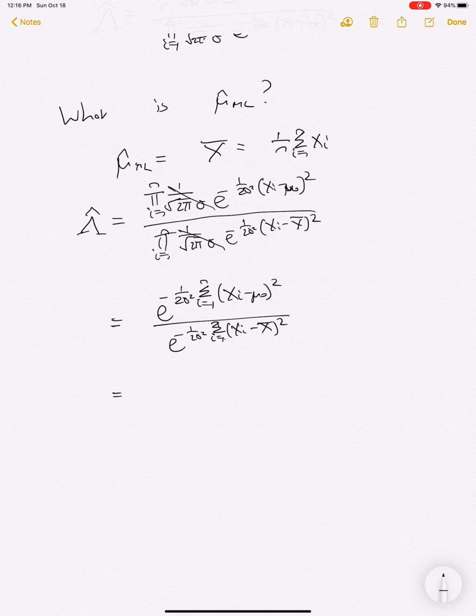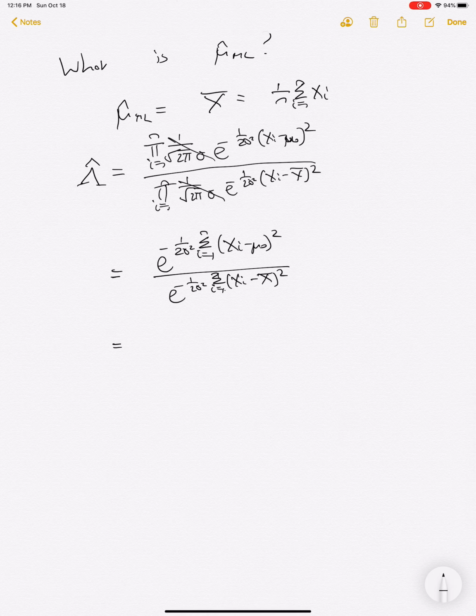Once again we've got the quotient of two exponentials, so you can just subtract the exponents.